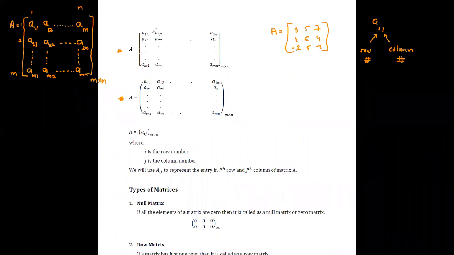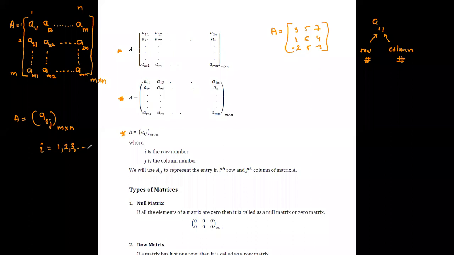And if you can see the third equation here, I have written A equals Aij, and the order of this matrix is m by n. It says that i goes from 1 to m.